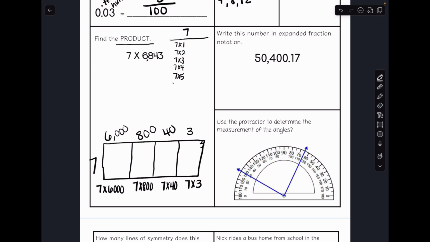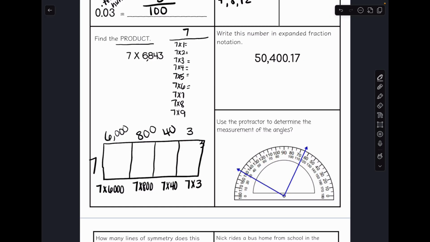Times 5, 7 times 6, 7 times 7, 7 times 8, 7 times 9, right? We're going to write down our multiples of 7.